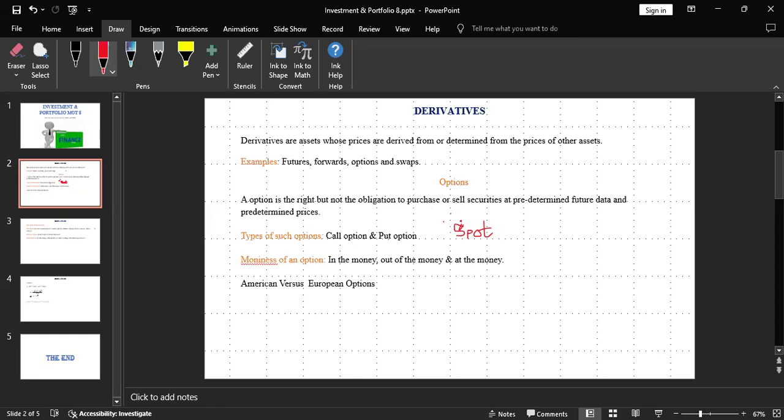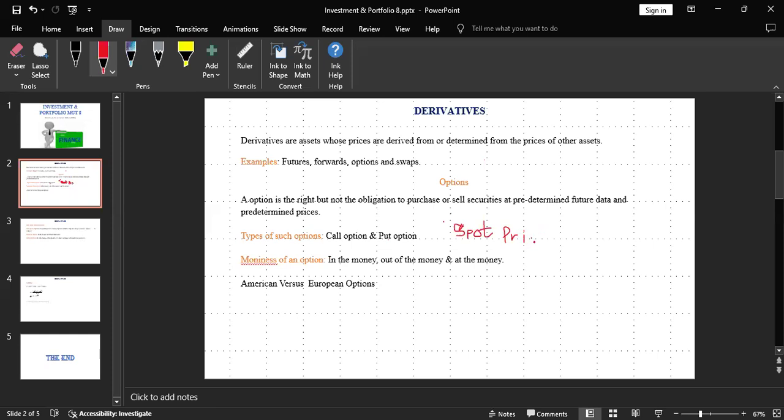Yes. So the spot price is the current price. The person will compare the spot price to the exercise price or the strike price, that is the agreed price.